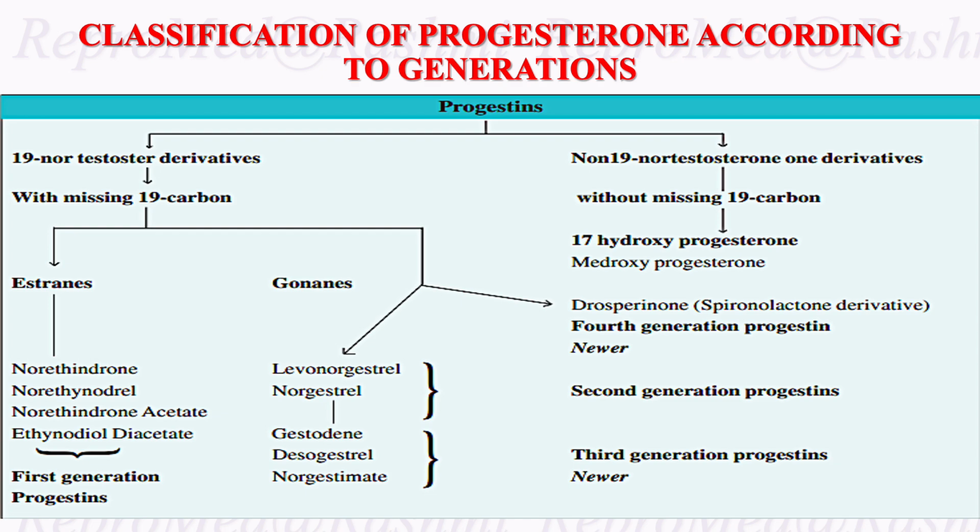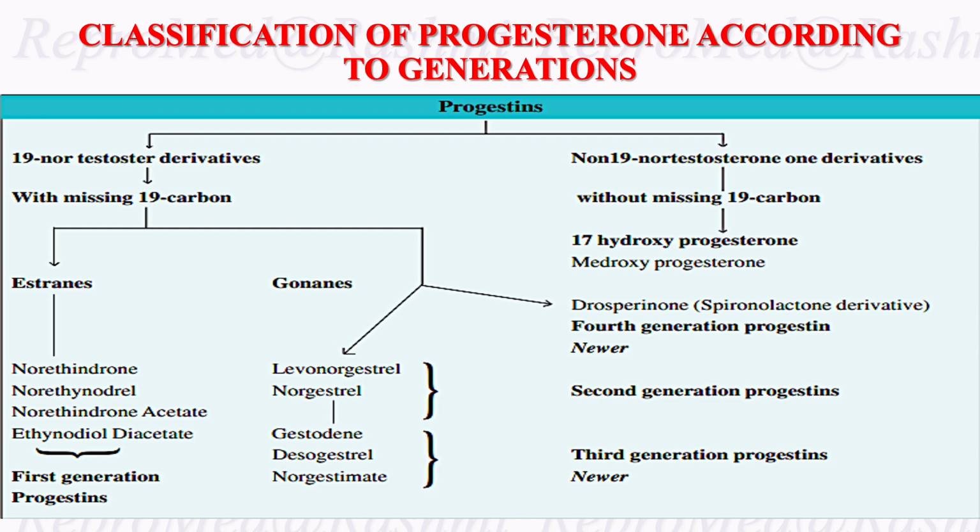The estrane ones are norethindrone and norethindrone acetate. They are the first generation progestins, while gonanes like levonorgestrel and norgestrel are second generation. Gestodene, desogestrel, and norgestimate are third generation, while drospirenone is the fourth generation progestin. The ones without missing 19 carbon are 17-hydroxyprogesterone derivatives, that is medroxyprogesterone.